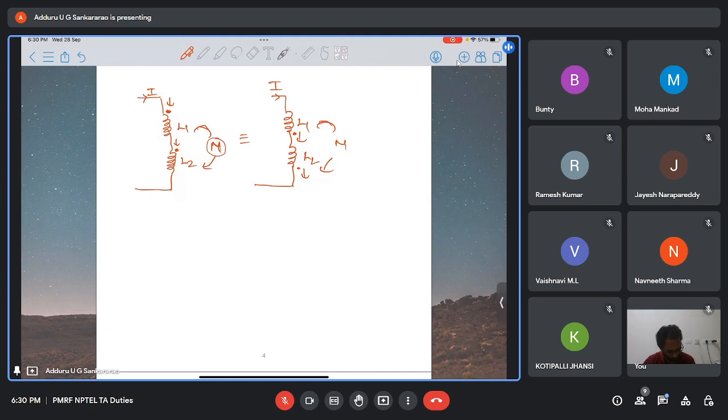So the equivalent inductance, since they are connected in series, is L1 plus L2 plus 2 times M.